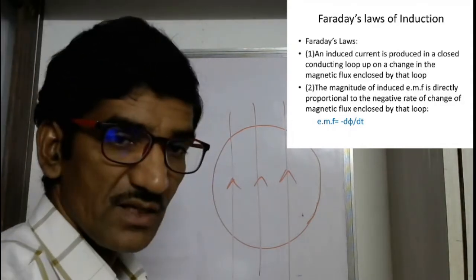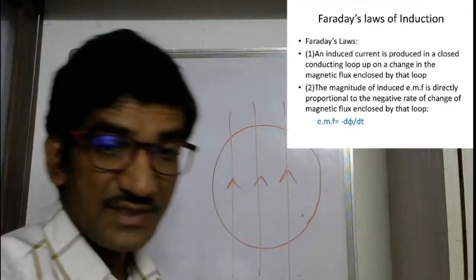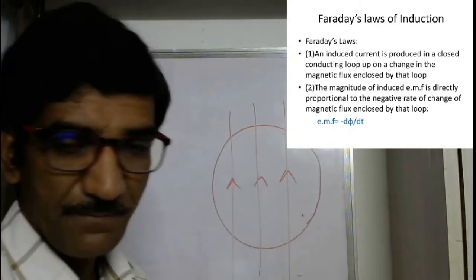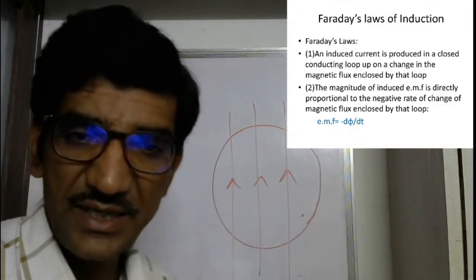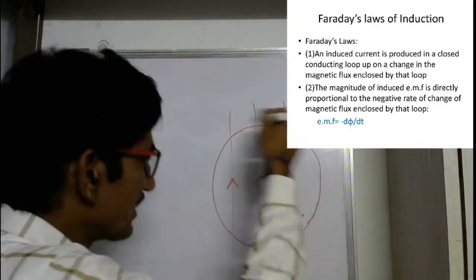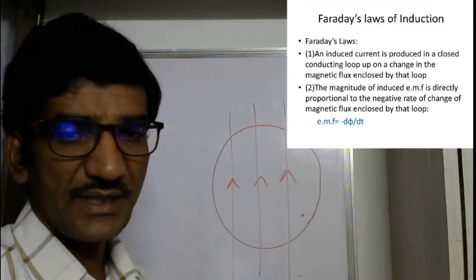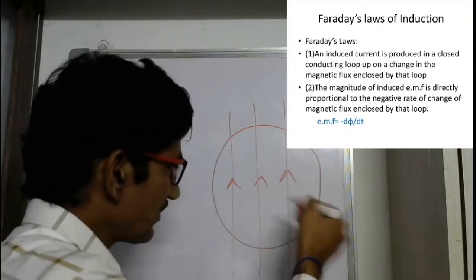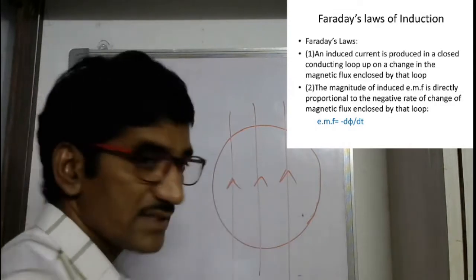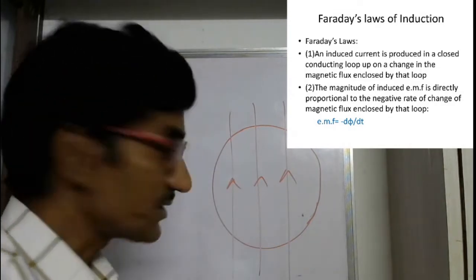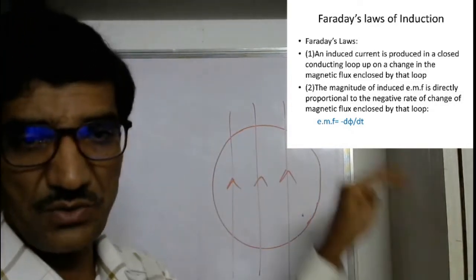Whenever the flux enclosed by this loop changes, then an induced current will be produced in this coil. If you are changing the field lines from 3 to 2, then immediately some current is induced in this loop.